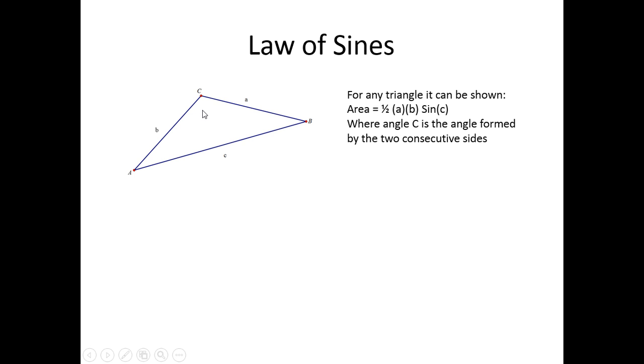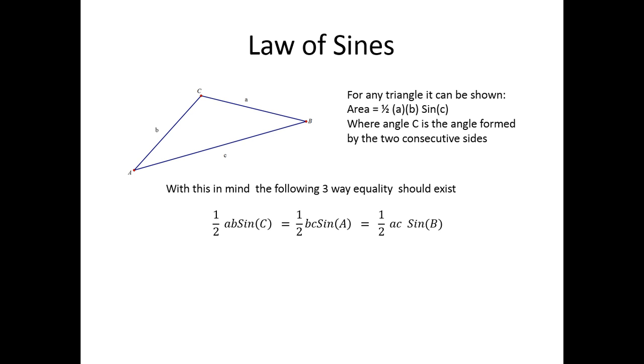We remember that if we had sides A, B, and angle C, then 1/2 A times B times the sine of C gave you the measure of the area. If I had any two sides and the included angle, say sides B and C and angle A, with this formula I could find the area.